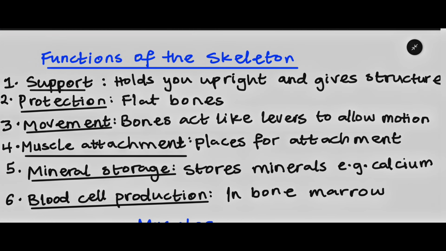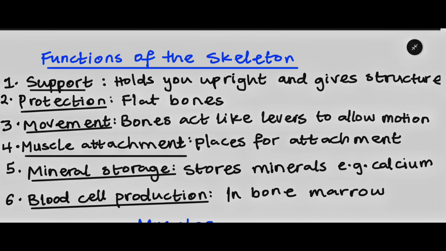Next, we have protection, which is particularly provided by flat bones, which are there to help protect your vital organs. So that's another function of the skeleton. For example, in contact sports, your ribs would be able to protect your lungs, to prevent your lungs or even your heart from being damaged.